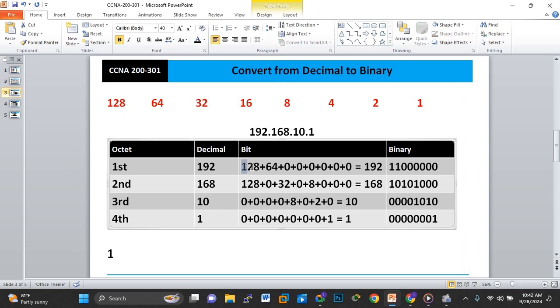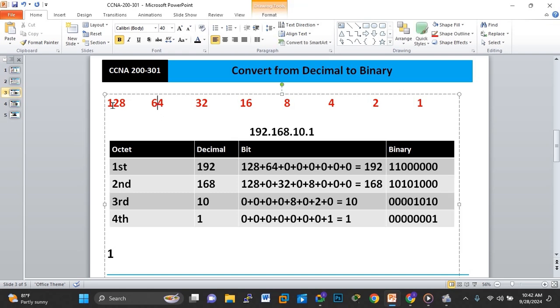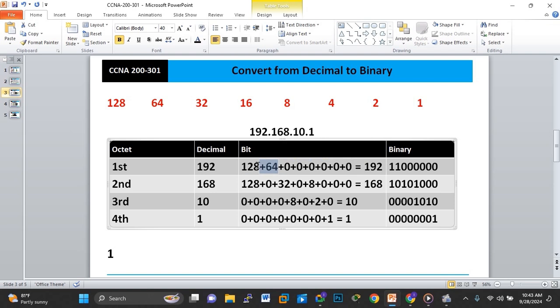But we need another digit to get the 192. If you add 64, 128 plus 64 is 192. If you add 128 plus this 64, it will give you 192.